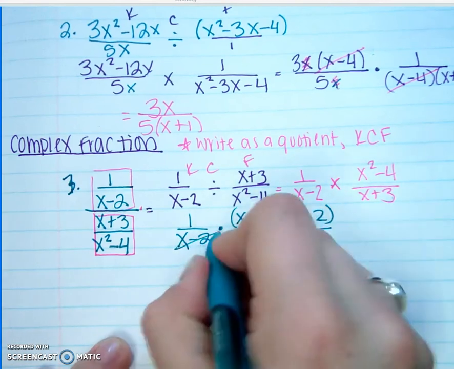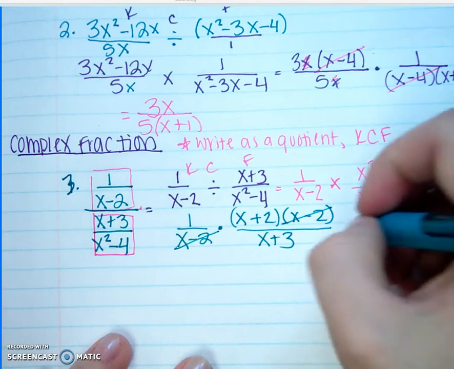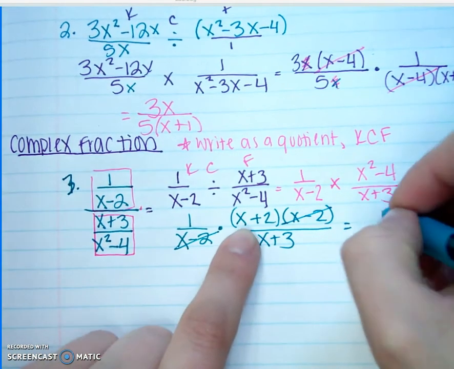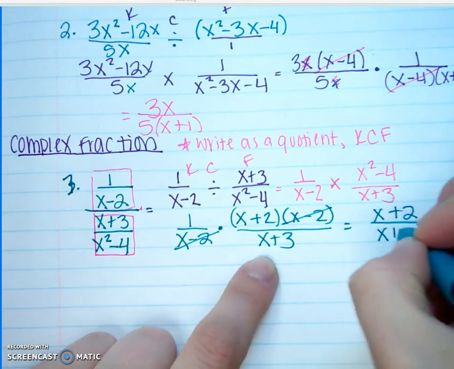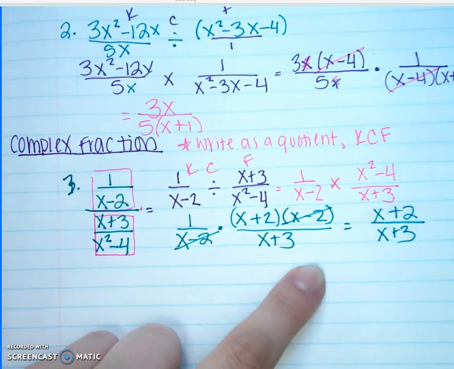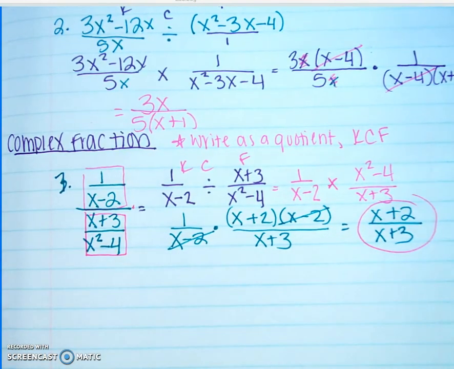Cancel out what you can. 1 times this is just itself, so I'm going to leave it. I have x plus 2 on top, and x plus 3 is the only thing left on the bottom. That is what it reduces to.